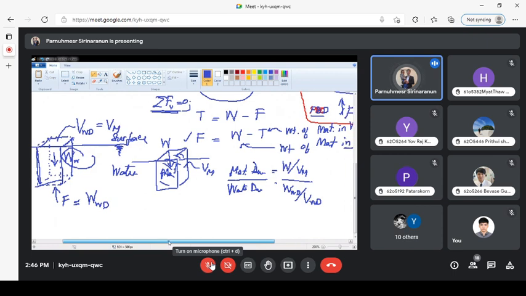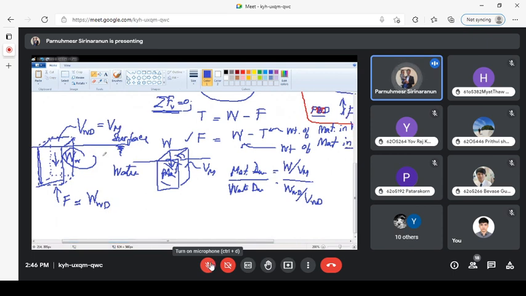Because before you take the water out, this water has its weight. Okay? So this water has its weight. This weight we call the weight of what? Weight of water that disappears, or the disappear water weight. Clear or not?